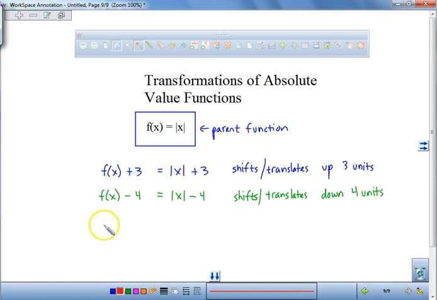What happens if I say f of x and I put minus, let's say, 5 like that? Which basically means we're taking the absolute value of x and we're taking away 5 on the inside of the absolute value bars. Well, you know what? It's still dealing with shifting or translating.